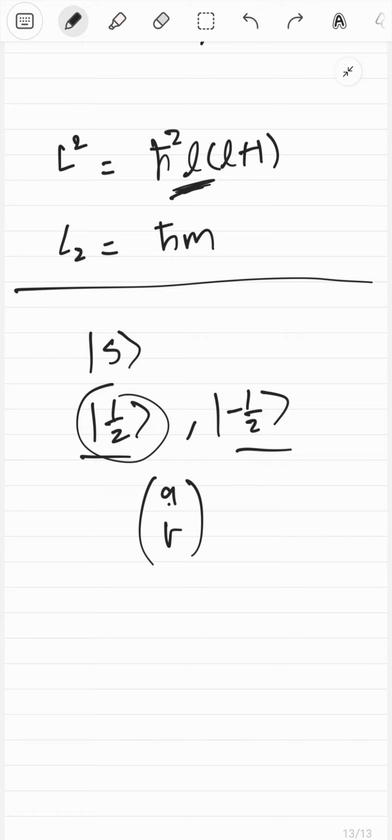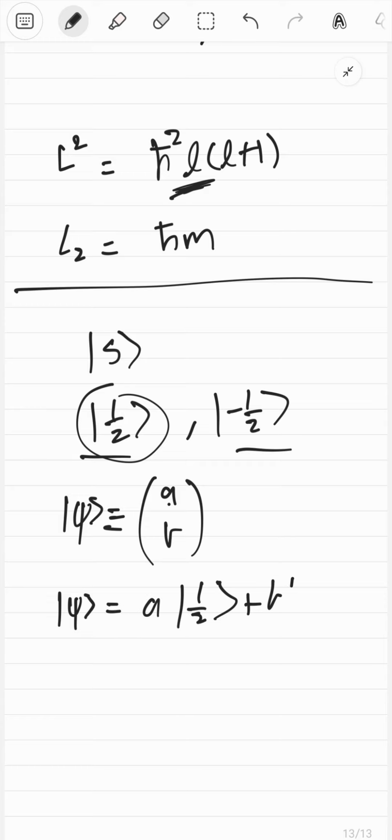So if I just wrote that your wave function is this thing, then what that actually means is that I'm actually writing this. Right? It's related to qubits and stuff, and it's apparently going to come in quantum computing. But anyway, now let's go to the operators.